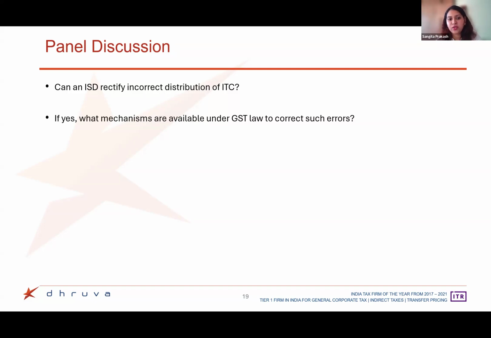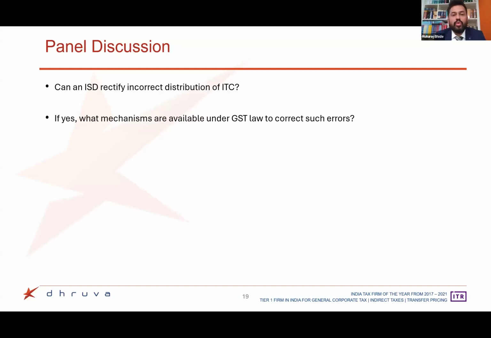The credit note needs to be issued in the same ratio as the original distribution itself, because that's how the set-off happens to the recipient units. And subsequently, a debit note can be issued for the redistribution of credit. So this mechanism is very much there in the law, is a part of Rule 39, and this is how companies can also accommodate errors and any changes that need to be made to the distribution itself.